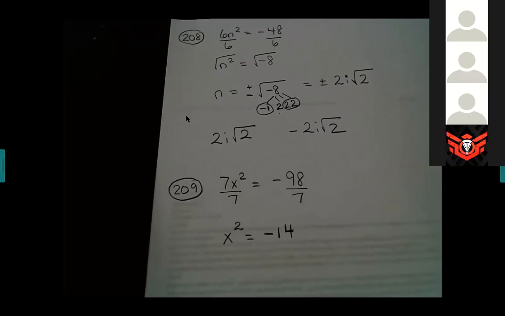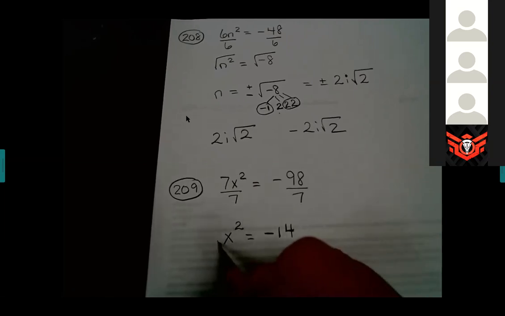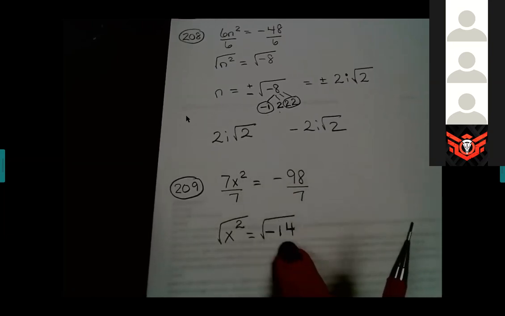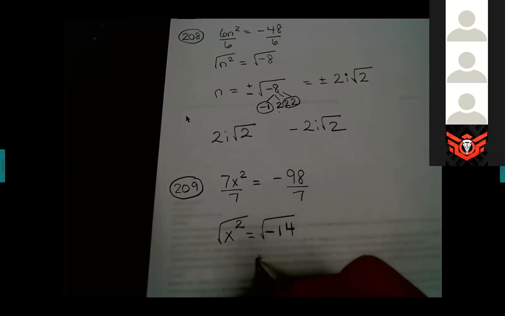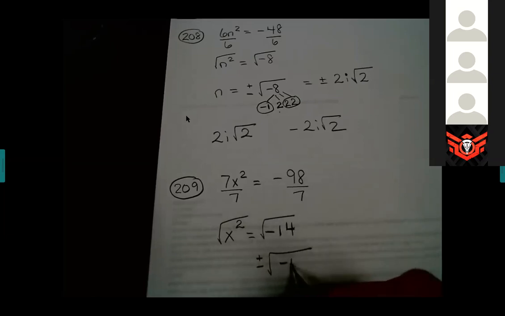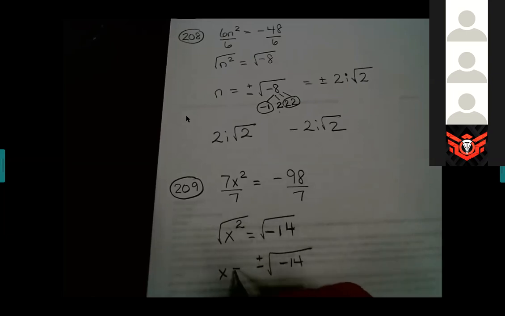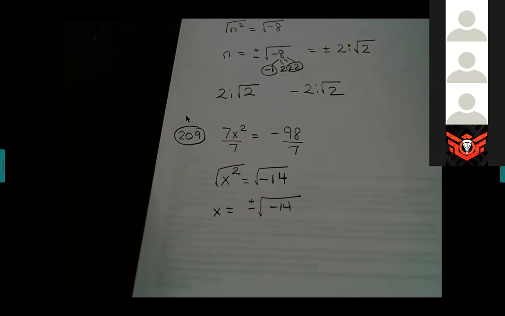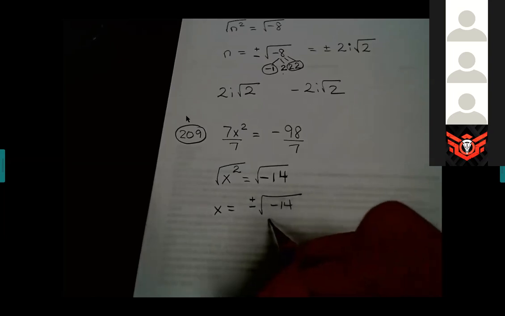Is everybody good to that point? Okay. Take the square root of the left, take the square root of the right. But when I take the square root of the number, I know there's a plus and a minus. Are y'all with me so far? Okay.